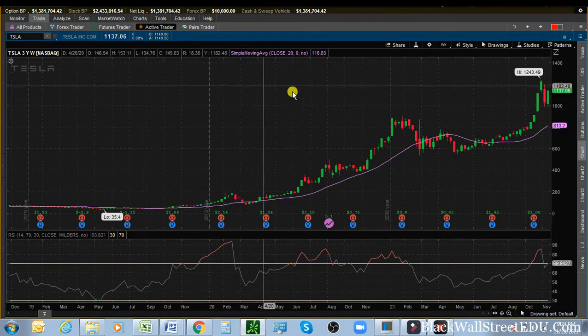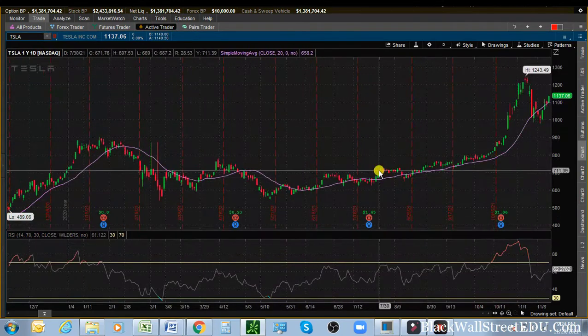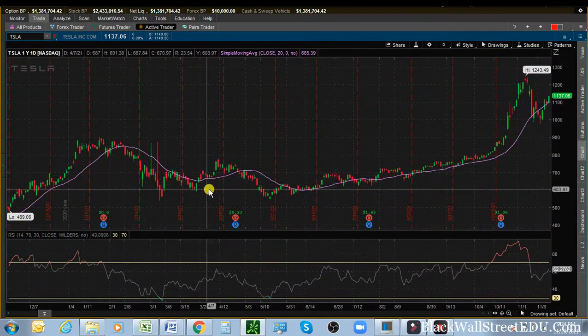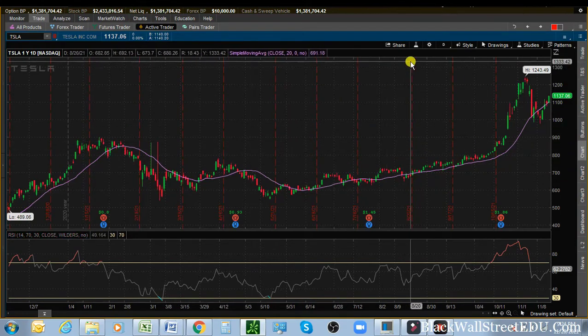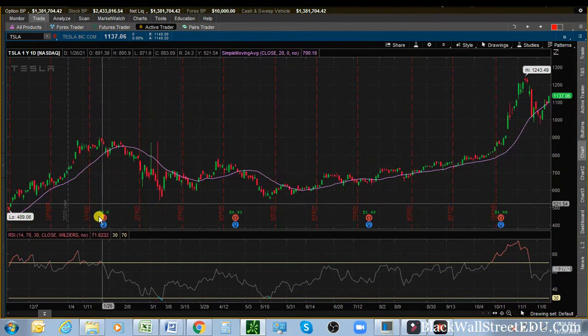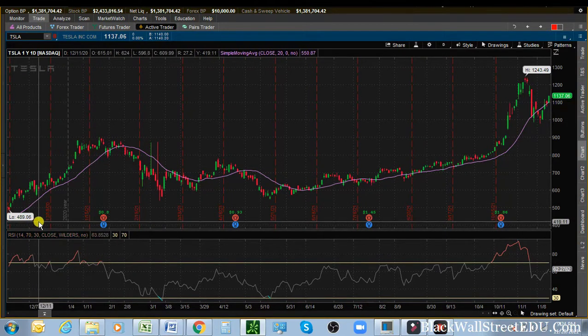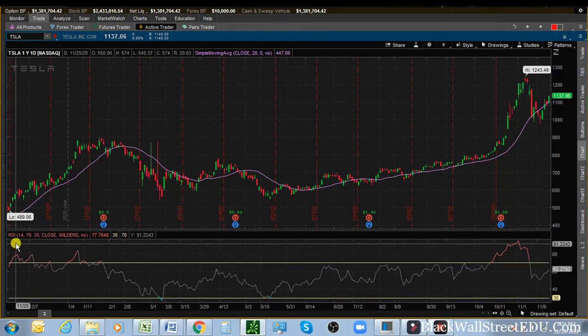Right now we're looking at Tesla, and we're looking at the daily time frame here on Tesla. I did take a peek at the weekly, but right now we're looking at the daily. So another thing that you may want to look at when you're trading long term is something called the RSI, Relative Strength Index.